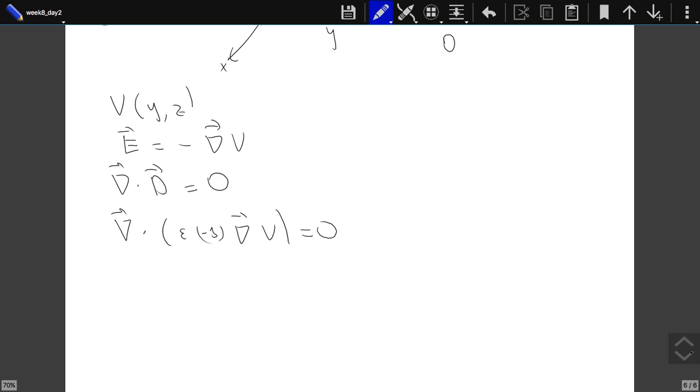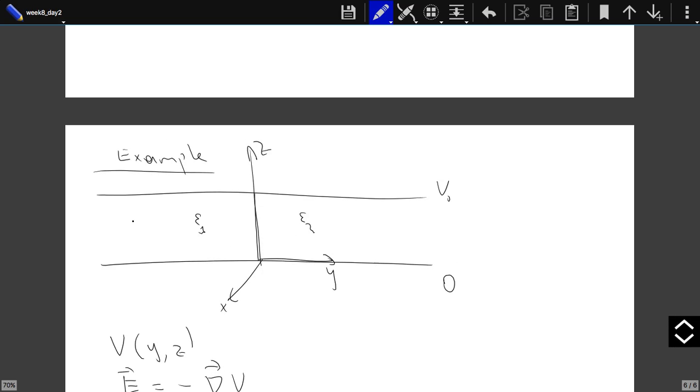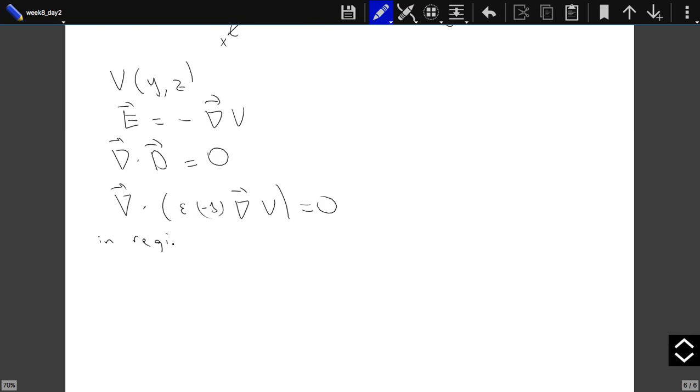Now we need to split it into two regions, region 1 and region 2. Let's say this is my region 1, this is my region 2. In regions 1 and 2, epsilon is constant. It's a different constant in each, but nevertheless, within each region it's a constant.